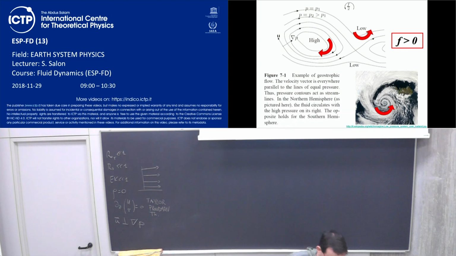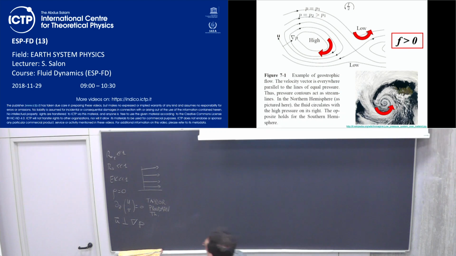And then we understood that, according to whether f is positive or negative, which means whether we are in the northern hemisphere or in the southern hemisphere, usually the flow circulates in a clockwise direction with respect to a high pressure center and in an anti-clockwise direction with respect to a low pressure center.